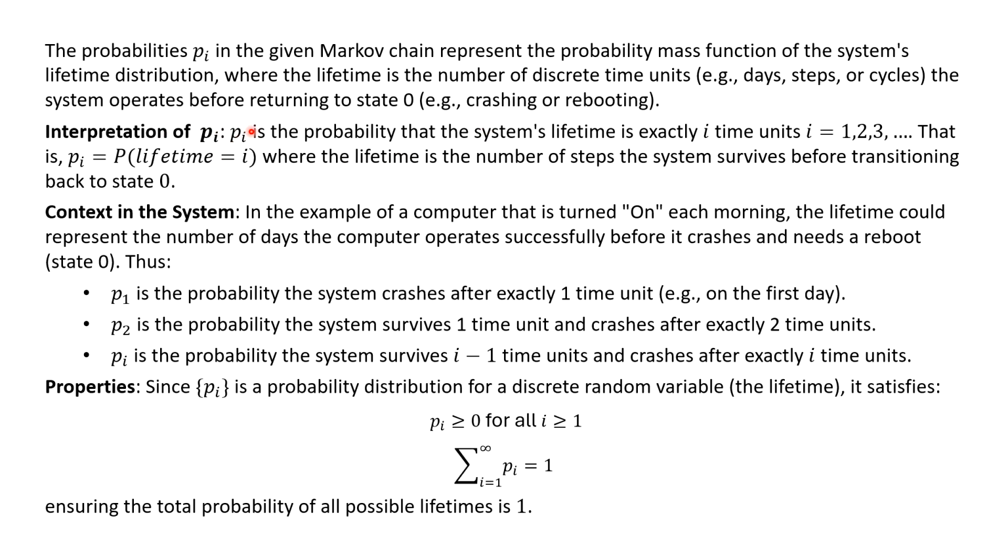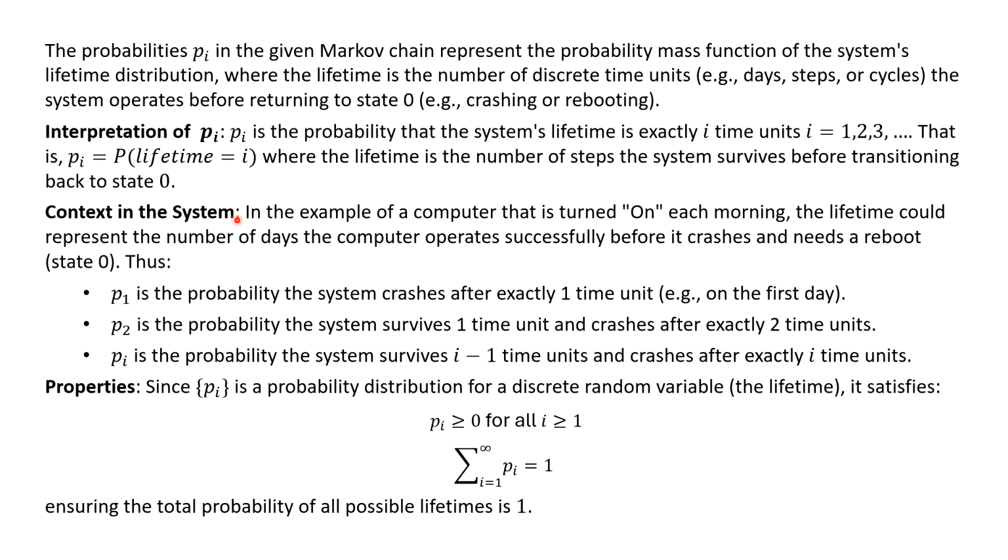The interpretation of P sub i, which I've mentioned once, but we'll say it again, is the probability that the system's lifetime is exactly i time units. So i is 1, 2, 3, and so forth. Just writing it out here, P sub i is the probability the lifetime equals i, where the lifetime is a number of steps the system survives before transitioning back to state zero.